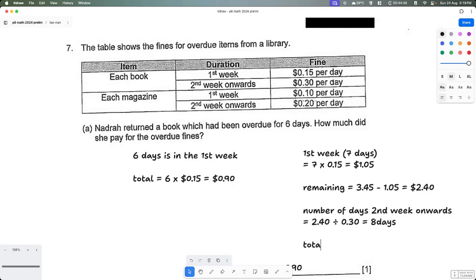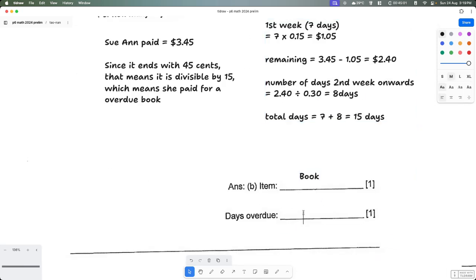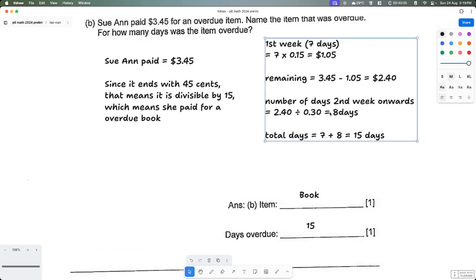So total days is equal to 7 in the first week plus 8 days, equal to 15 days. Okay, there you go. So your answer is 15 days. All right. Okay, let's move on to the next question.